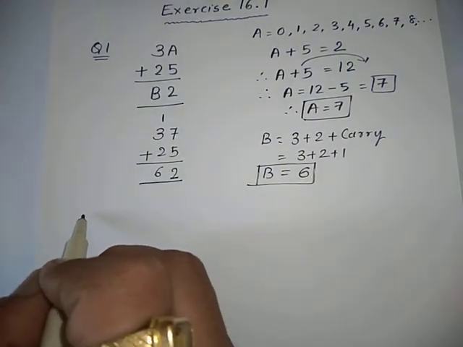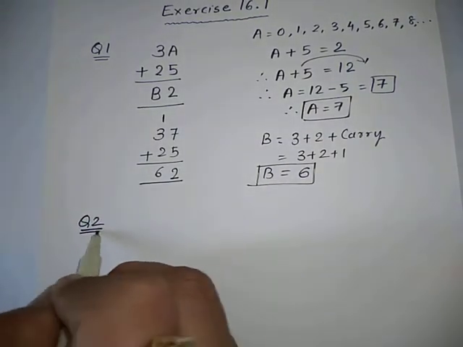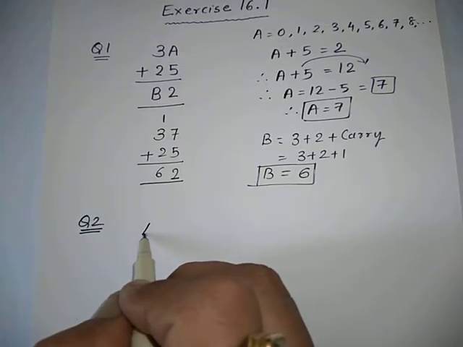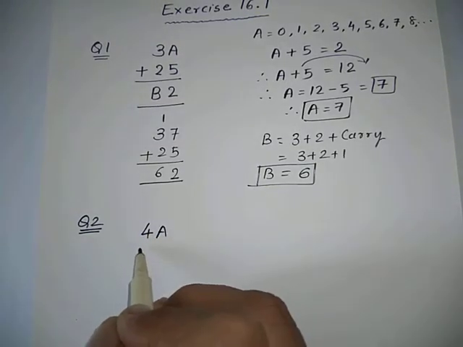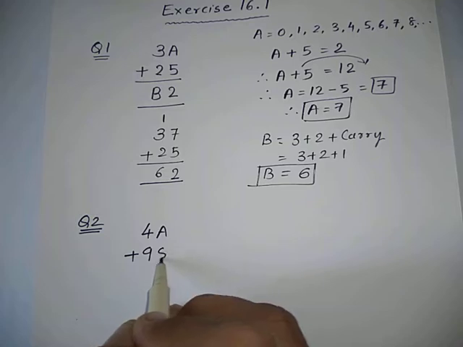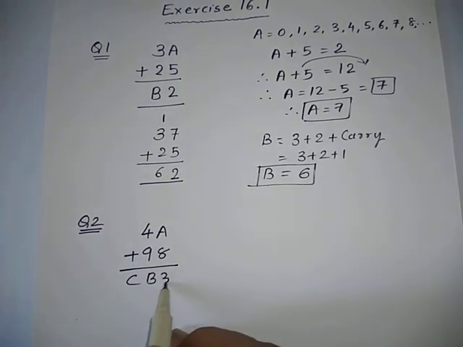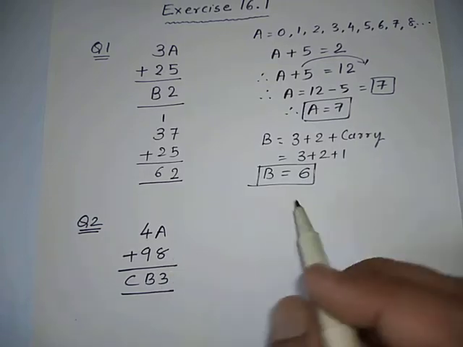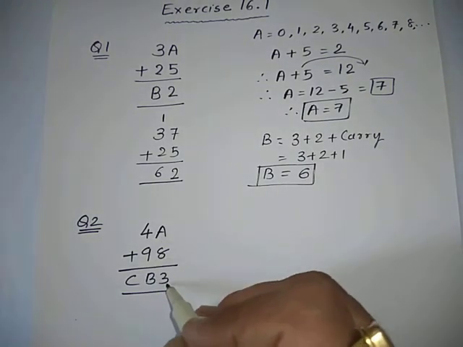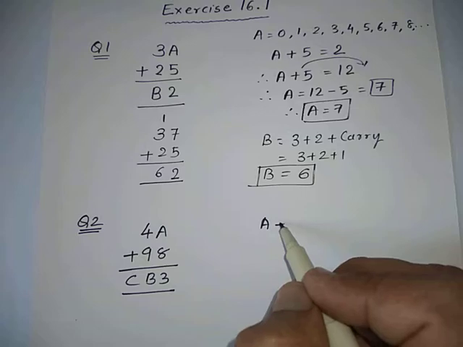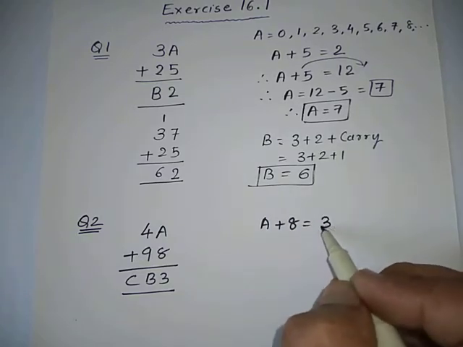Question number 2. The second question is 4A plus 98 equals CB3. That means first we will start with unit place digits. So A plus 8 is equal to 3.